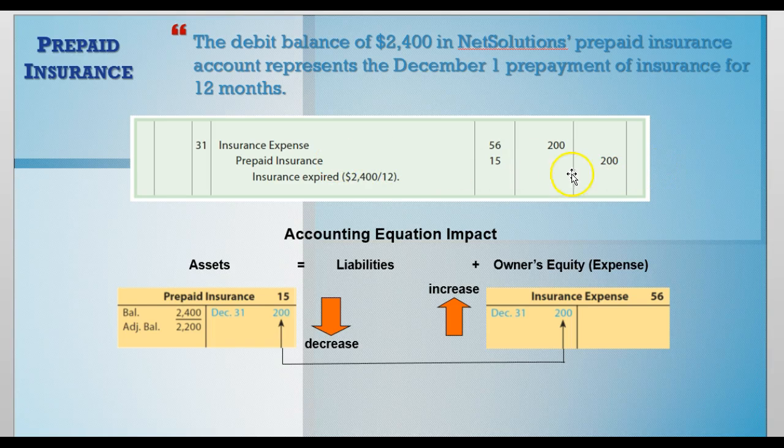See, we're going to take it away from the prepaid asset. So again, if you look at the accounting equation down here, the asset is credited, which decreases it. The expense on the owner's equity side is debited, so that's increased. You can see how we're keeping things in balance.